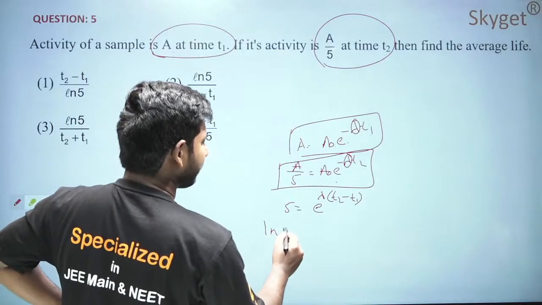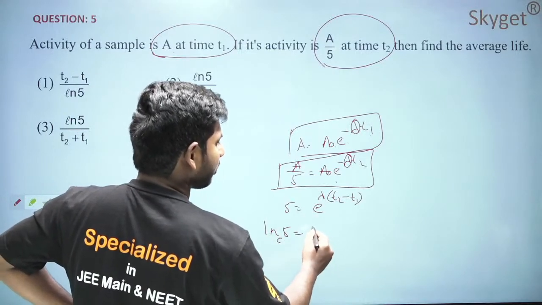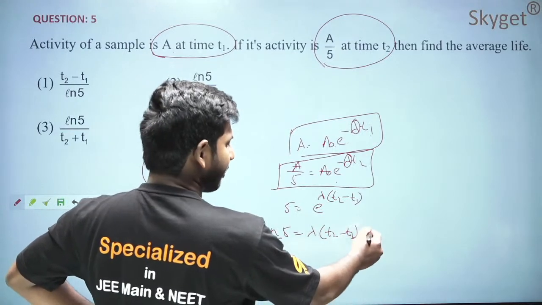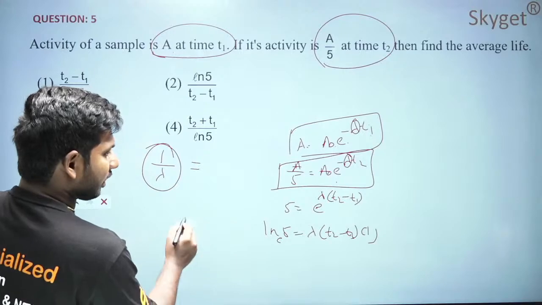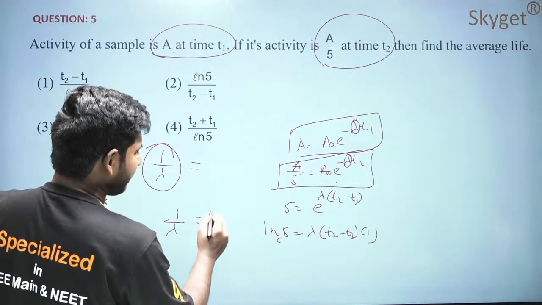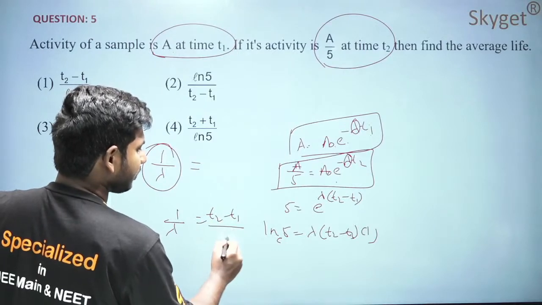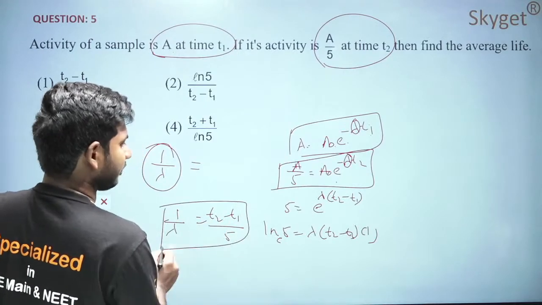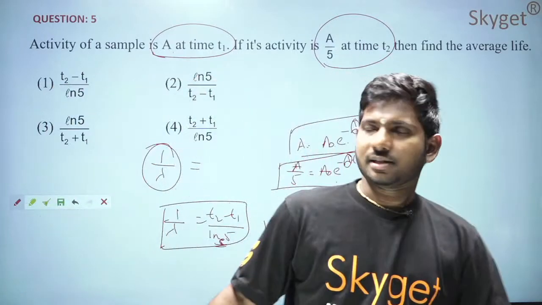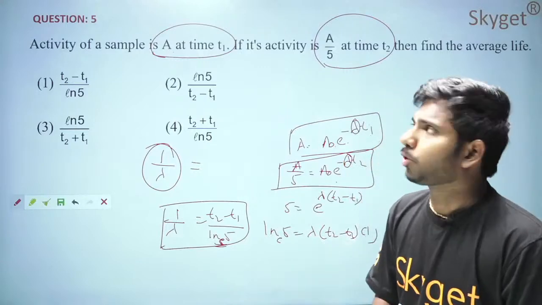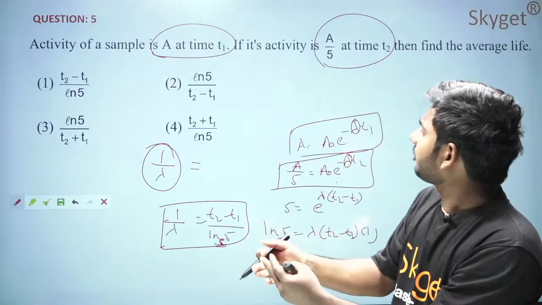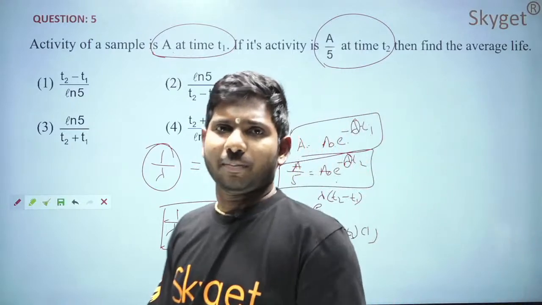So ln 5 to the base e is equal to lambda into T2 minus T1 times ln e to the base e, which is 1. So 1 by lambda, bringing it to the left side, will be T2 minus T1 by ln 5 to the base e. This is the way you approach and arrive at 1 by lambda. You can approach it another way also, but try to find out what 1 by lambda is.